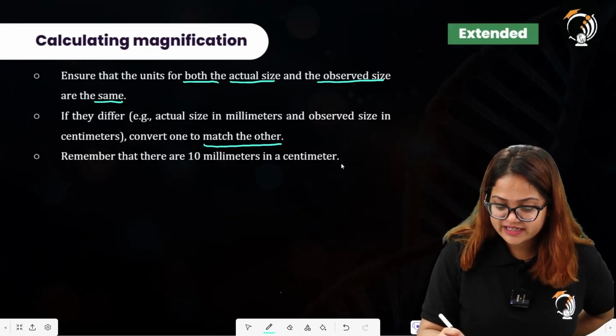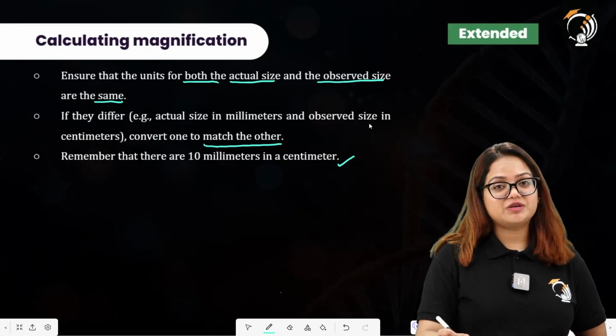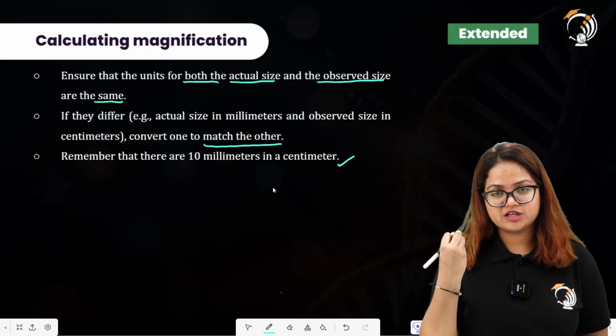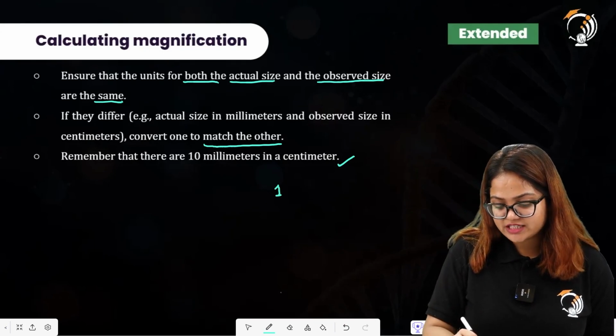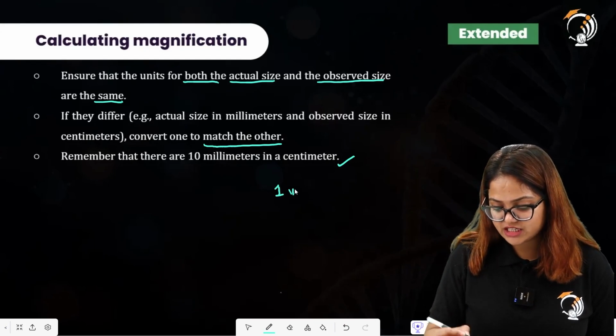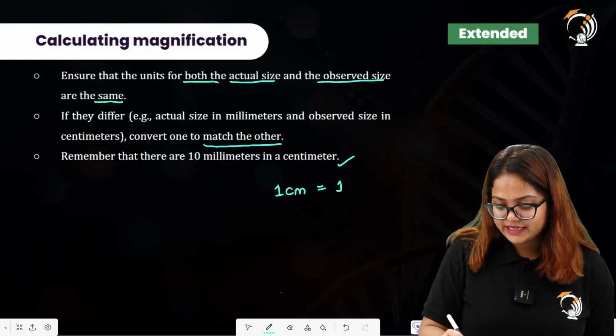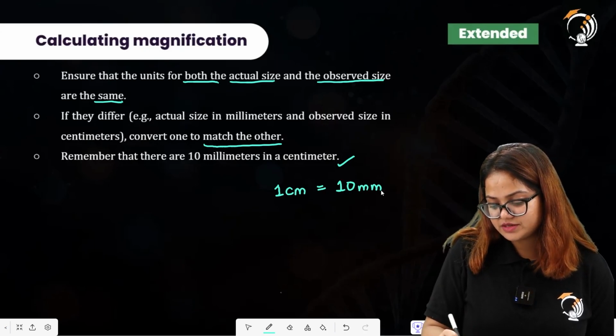Remember that there are 10 millimeters in a centimeter. So if you ever encounter any question that has centimeter as a unit, you will write that 1 centimeter has 10 millimeter.